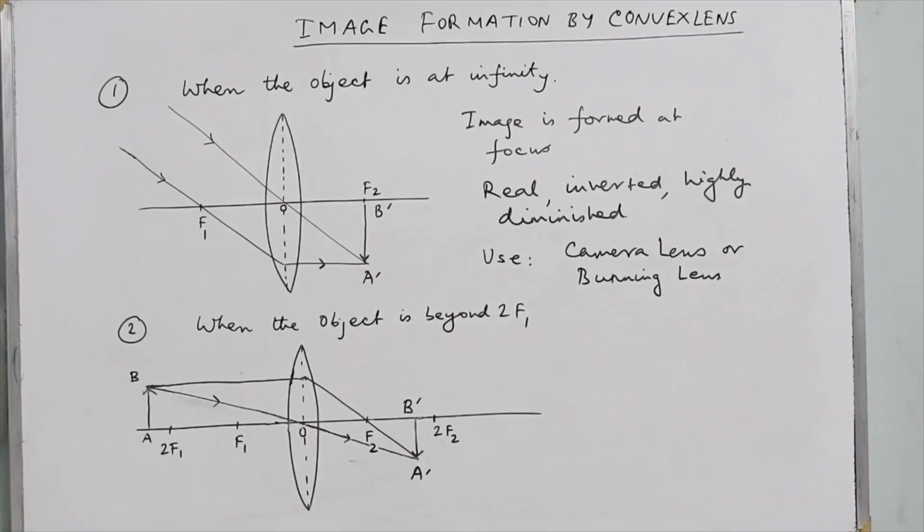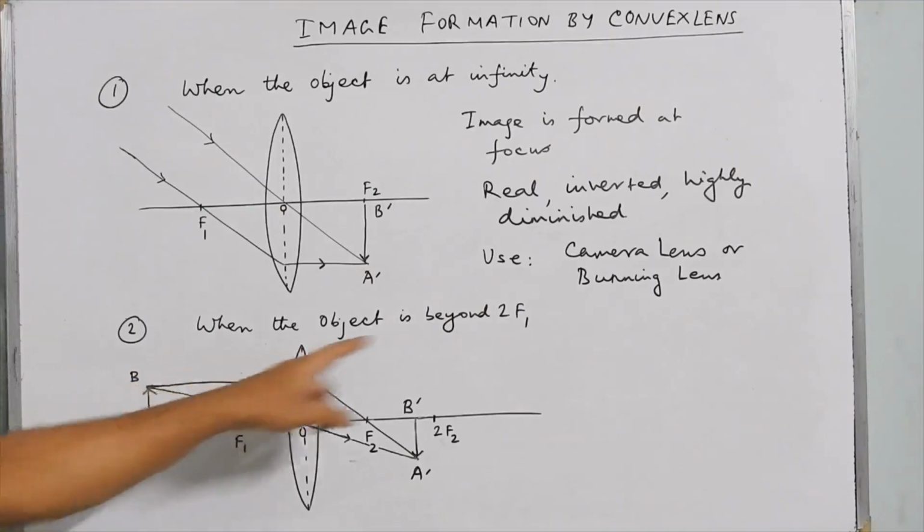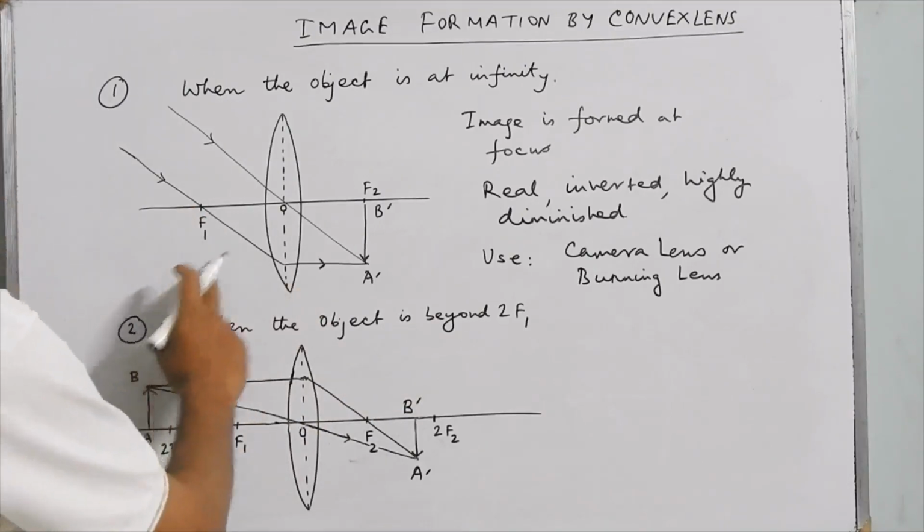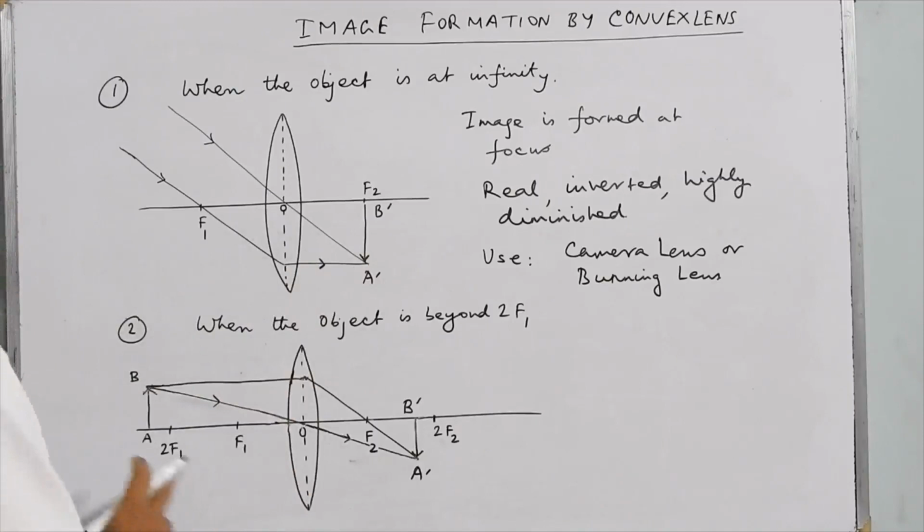So let us now move on to the second application, where the object is beyond 2f1. Actually, in the case of a convex lens or a concave lens, the foci are designated as f1 and f2, and 2f1 and 2f2 are the positions of the centers of curvature.